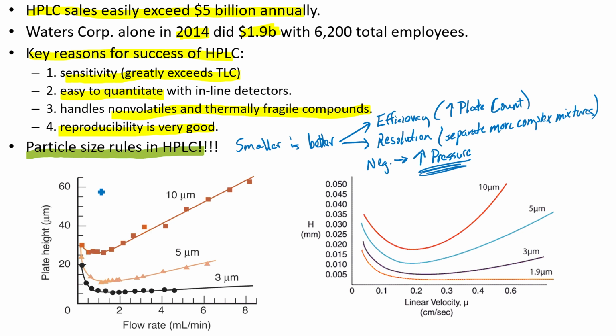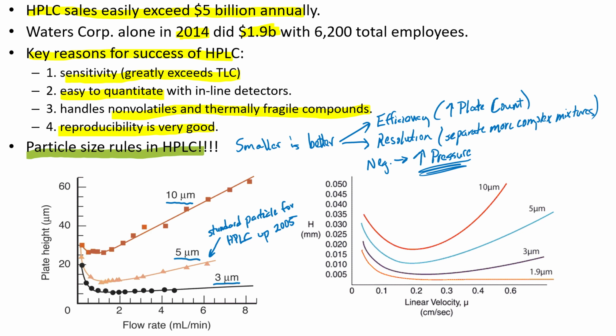So in the 1970s and 80s, we realized that going smaller was better. So 10 micron particles, 5 micron particles, and 3 micron particles. And a kind of standard particle size for HPLC has been 5 microns up until about, I'd say, 2005.